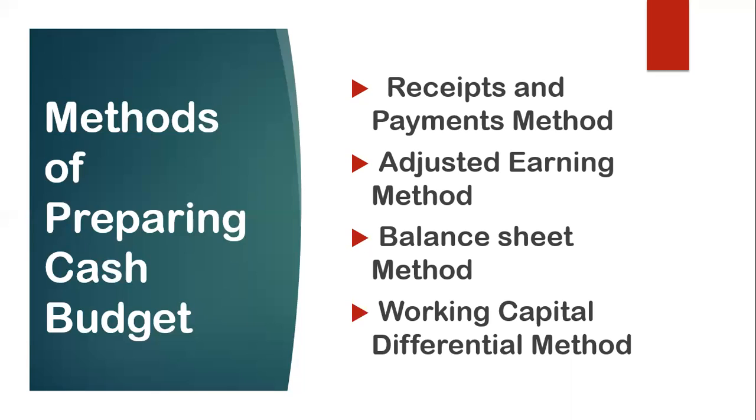Whatever difference we find, that is the difference of cash balance. So this way also we can make a cash budget. So these are the four methods. Usually we will calculate the sums by using the first method, that is the receipts and payments method. In that method we can easily know that this is the statement of cash budget.